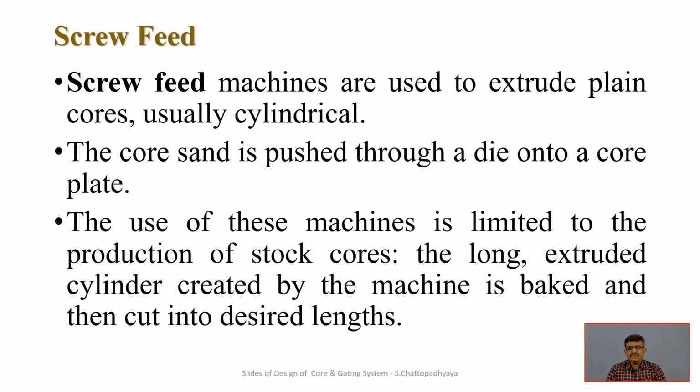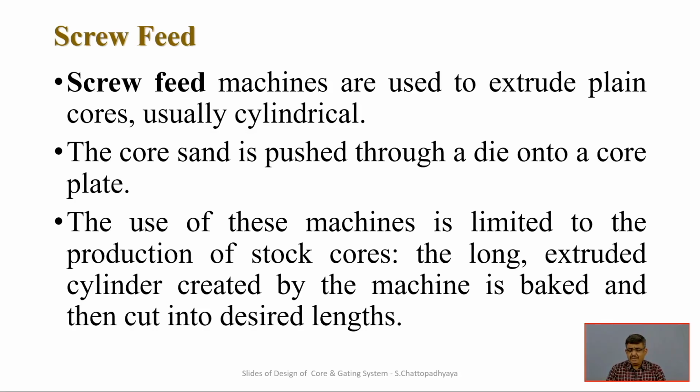The use of these screw feeders is limited to the production of stock cores, the long extruded cylinders where the symmetrical shapes are there, made by the machine, and then baked and cut into the desired length. Sometimes the very long products are dried, baked with hot air or other kinds of devices in order to remove the moisture, and then cut across.